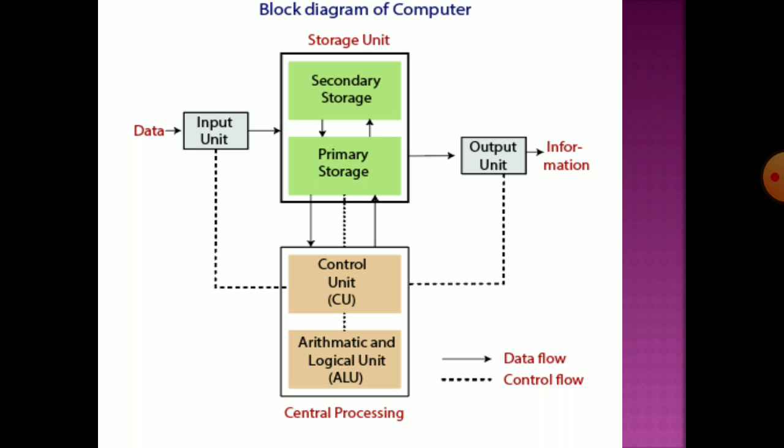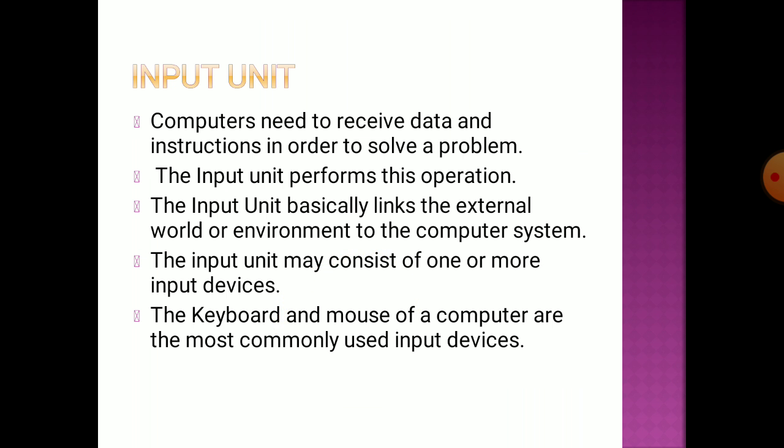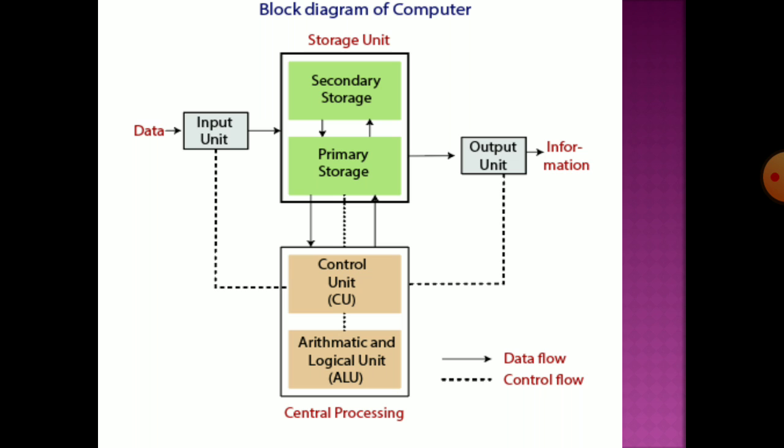So there is a connection: the instruction, the data or the program you take through your input unit is first sent to your storage, and through your storage it is then sent to your ALU. Why? Because sometimes the CPU is busy performing some other work. So the data is sent to your storage unit, and when the CPU gets free, the data is sent to your CPU.